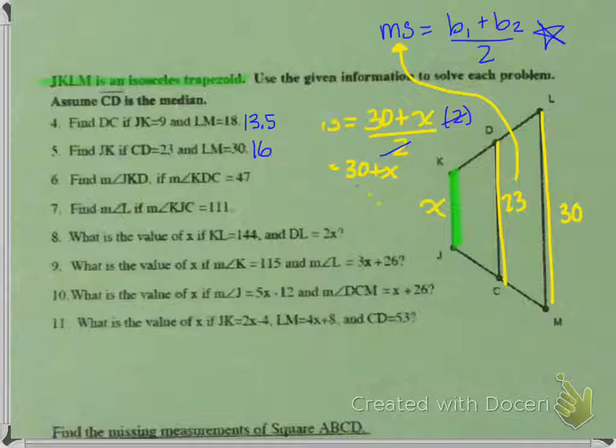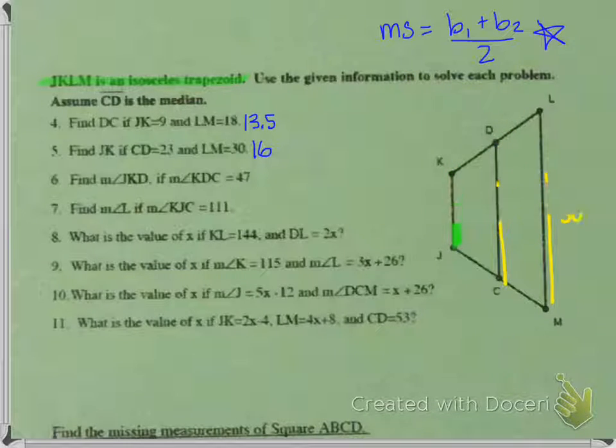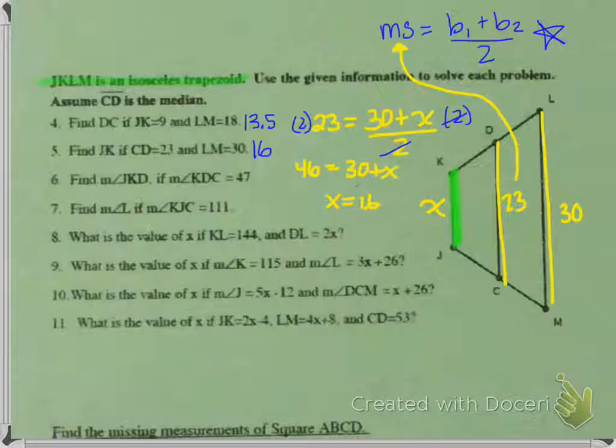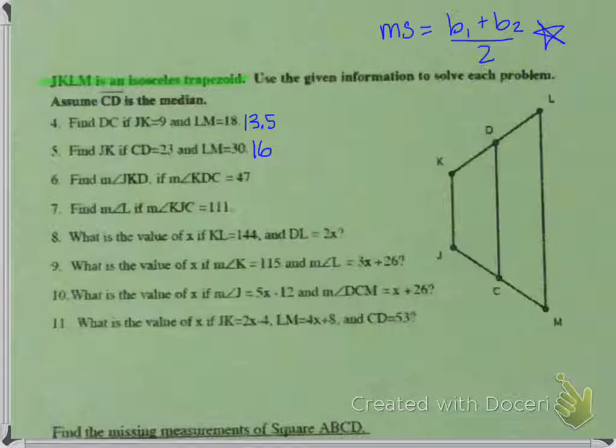Okay, let's look at number 6. Okay, for problem number 6, it says the measure of angle JKD, so JKD, that's this angle right here. Sorry about that.